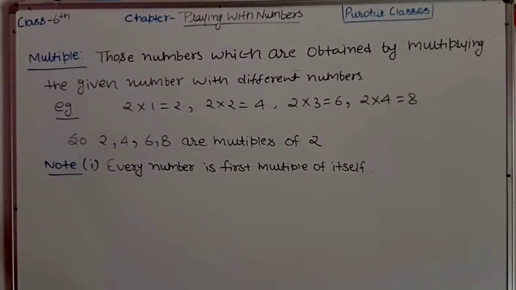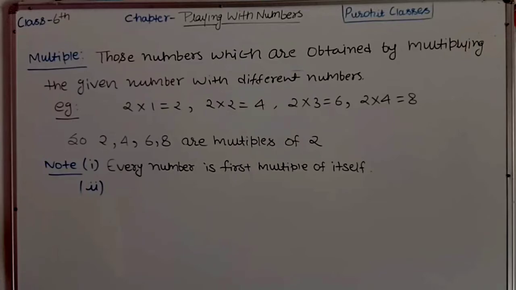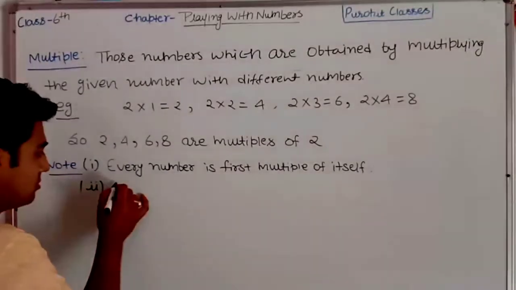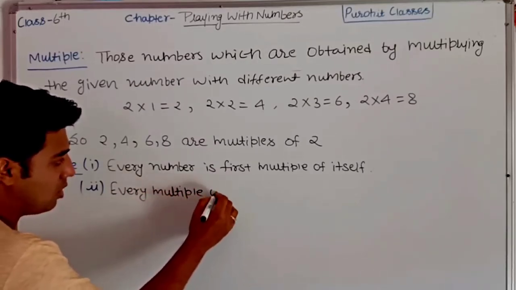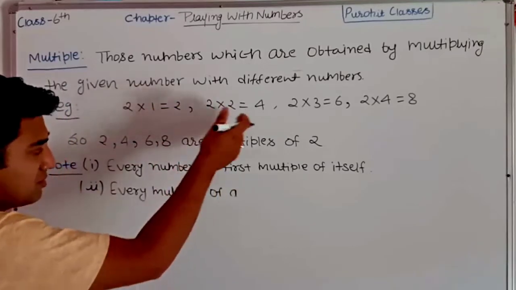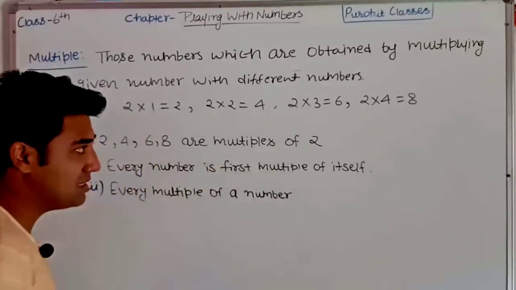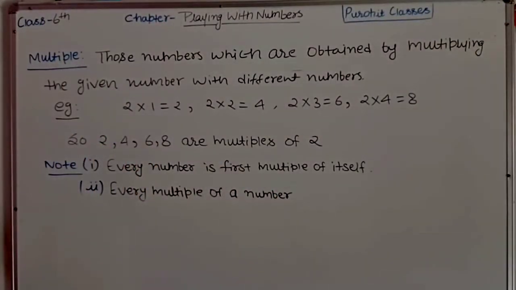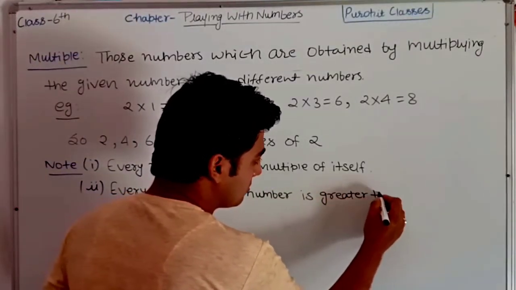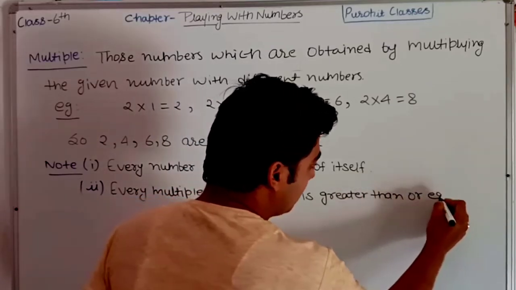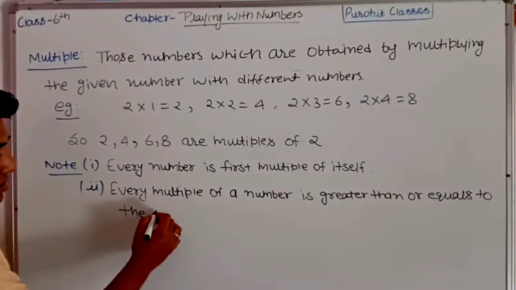So the conclusion says that every multiple of a number, like in this example where we were finding the multiples of 2, is greater than or equal to the number, as we have seen in this example.